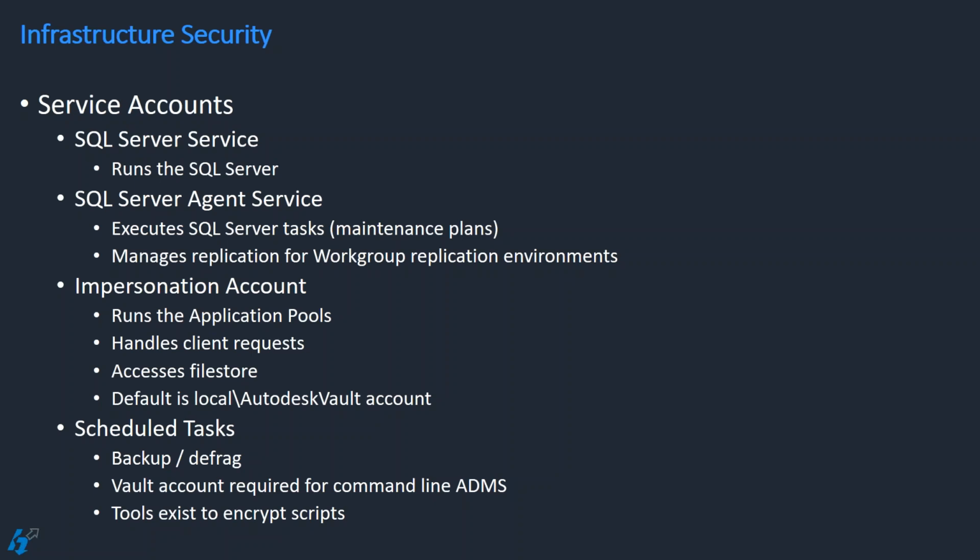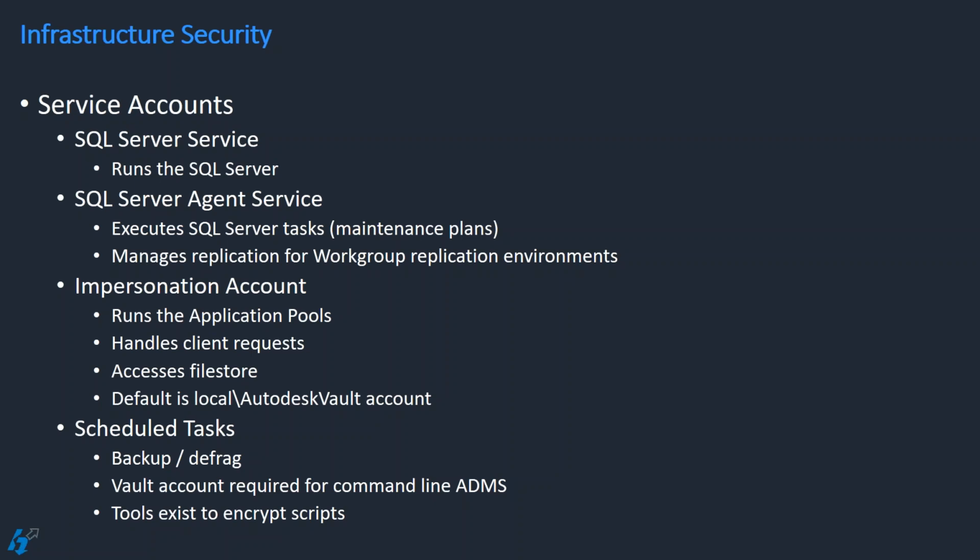These days too, it's the only account that the Vault really requires for backend operation and maintenance. That's the only account where a password is visible in plain text. Some changes, I believe in 2018, we'll talk about, have encrypted a couple of the other service account passwords. But that backup script or defrag script is the biggest hole.